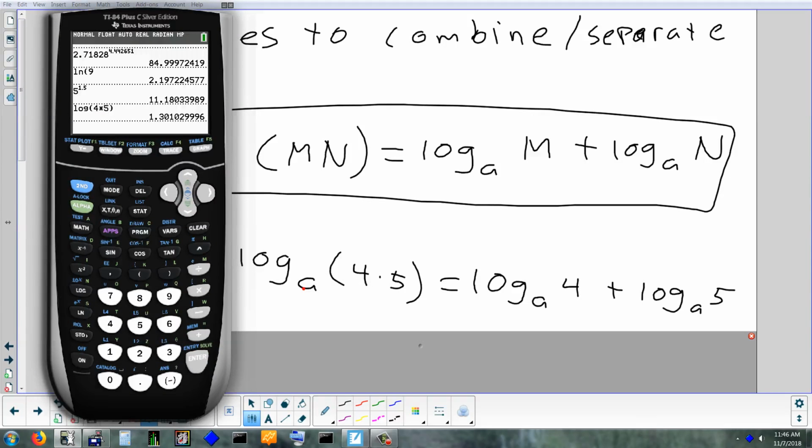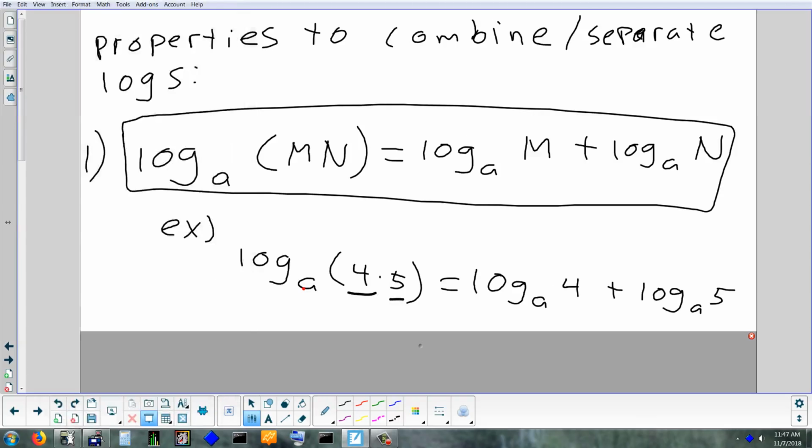Here's the log of 4 plus the log of 5. Comes out exactly the same. In fact, any two numbers that multiply to give me 20 would work. I could do log of a half plus log of 40, because 40 times a half is 20. So any two numbers that multiply together to give you 20, you could split it as a sum, where each argument is one of the original factors.